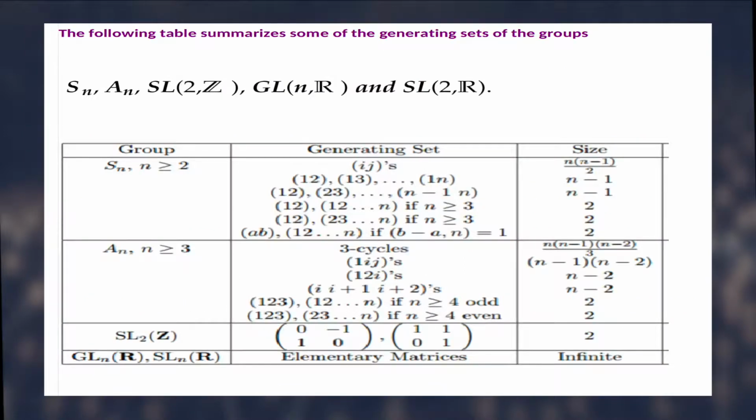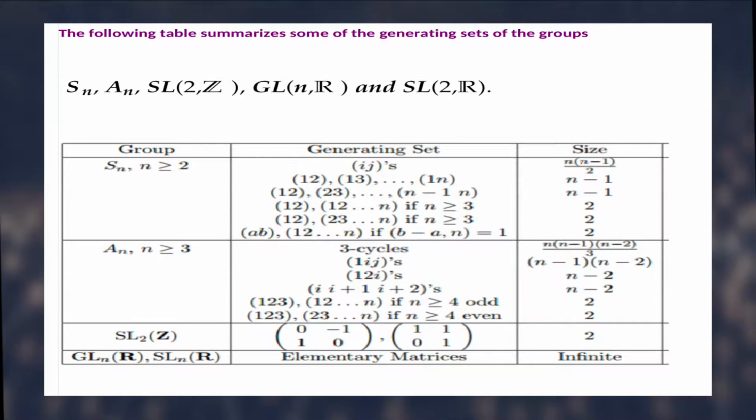The following table summarizes some of the generating sets of the groups S_n, A_n, SL(2, Z) integers, GL(n, R) real numbers and SL(n, R) real numbers. See this table, it is categorized as group, generating set and size.